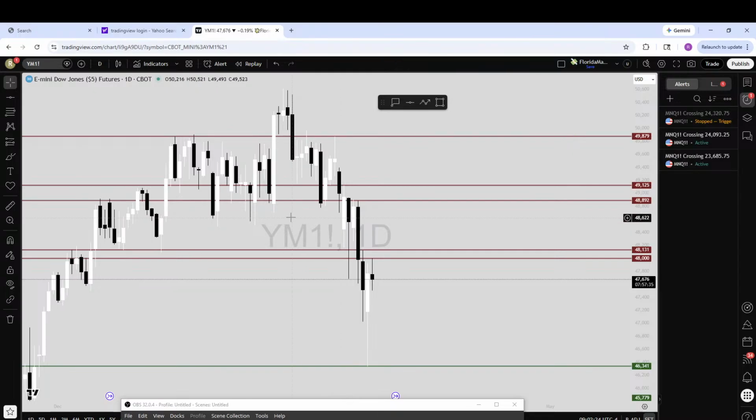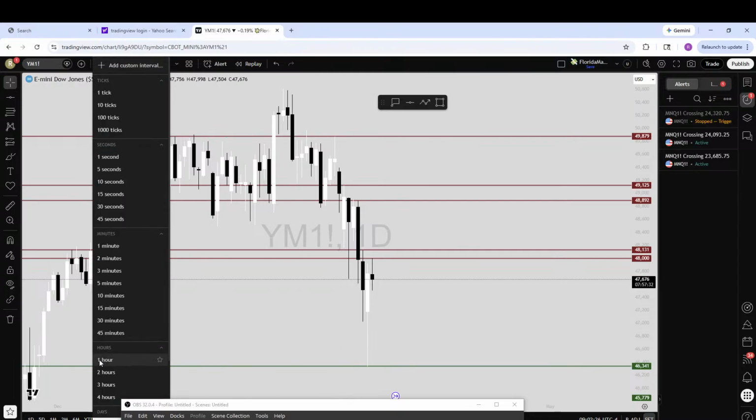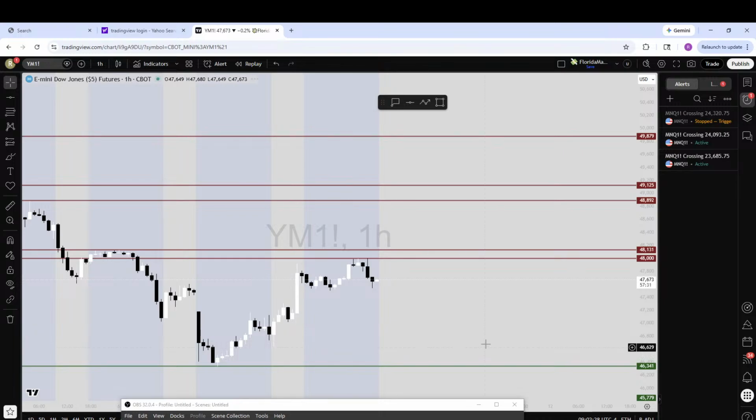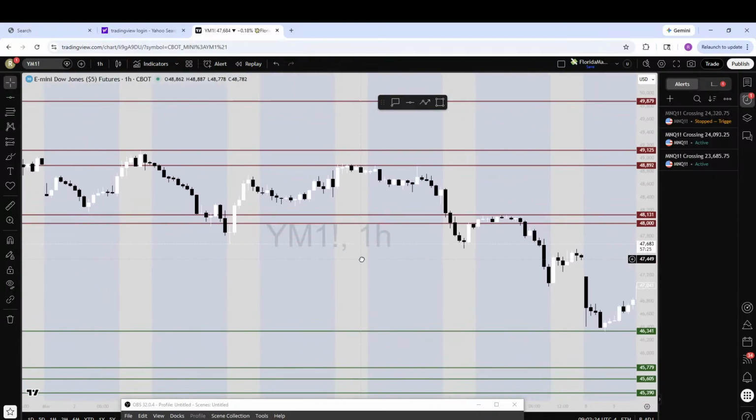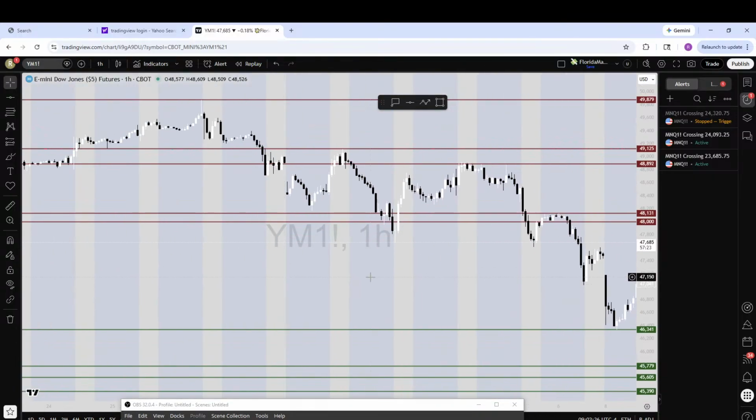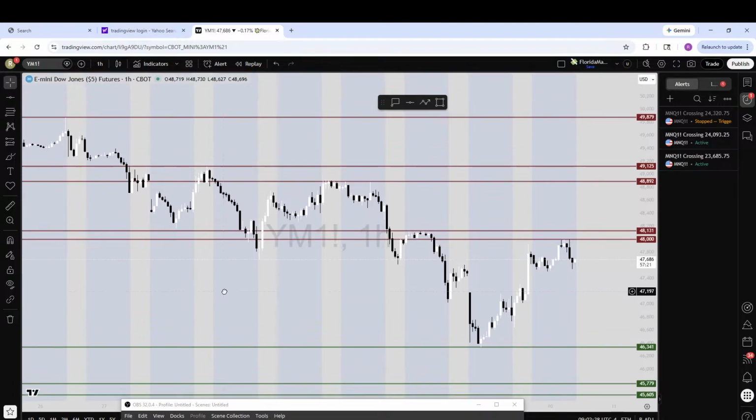Okay. Let's go now to the 1 hour. Based on the 1 hour, we can tell that from yesterday the market was making higher lows, until now we are starting to see it coming up.